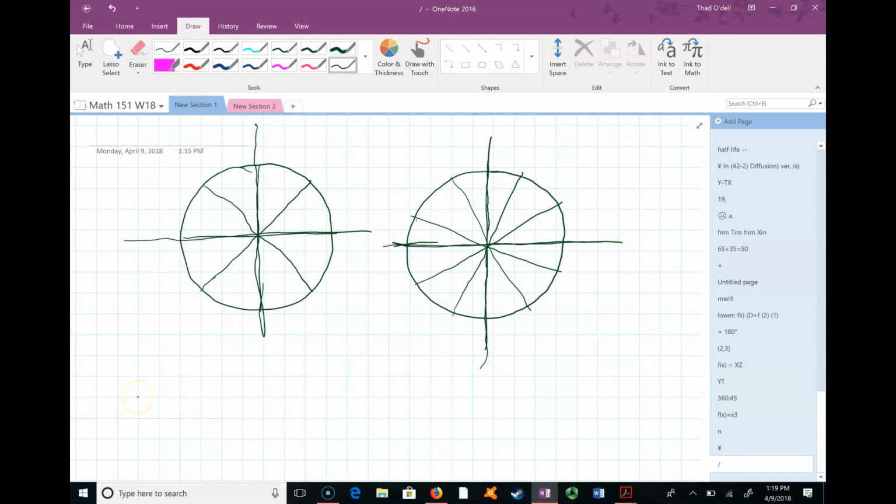So what we're going to do in this video is introduce a new idea called the wrapping function. And the idea is that you wrap around a circle and it produces certain things. So the wrapping function is w of x, or of theta, actually. And you plug in an angle measure.